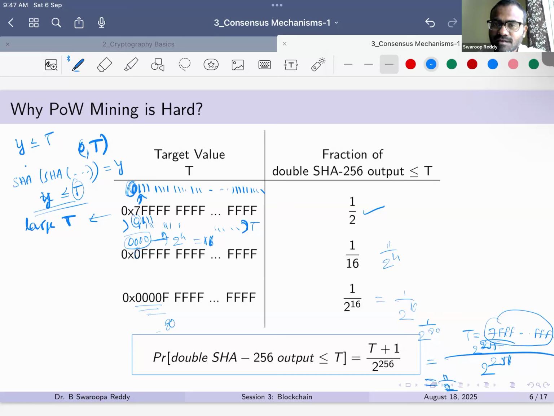And if the t value has four zeros, this value will be 2 to the 252 divided by 2 to the 256. That will be 1 by 2 to the 4, that is 1 by 16. That is the second example. So this is how the difficulty is decided. If we increase the number of zeros in front of t, the difficulty is more. If we reduce the zeros, the difficulty will be very less.